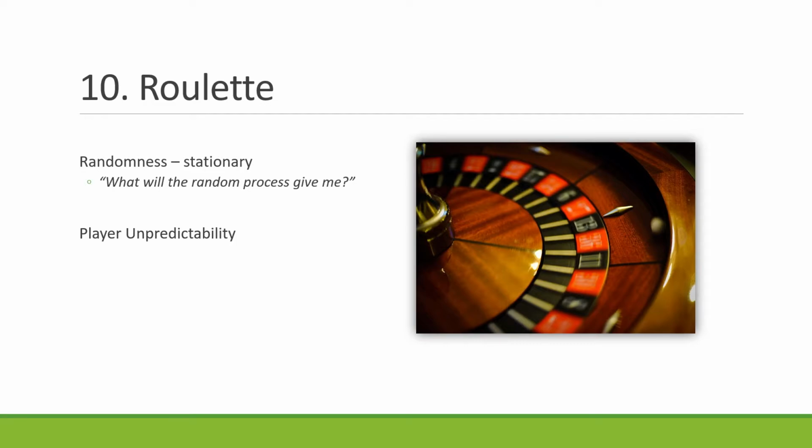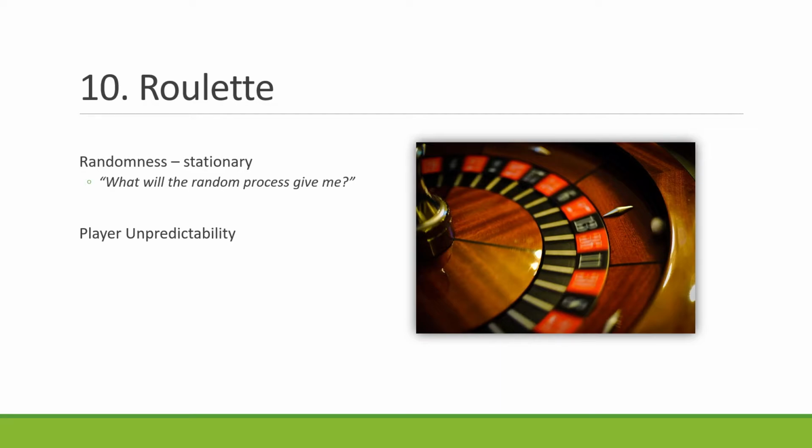What are the chances that the random process will give you a specific winning result, and analyzing player unpredictability and other players, and analyzing the odds of, if you put your bet on this particular element, what are the payouts going to be. This is a stationary randomness.